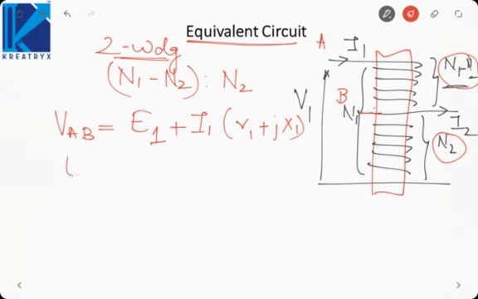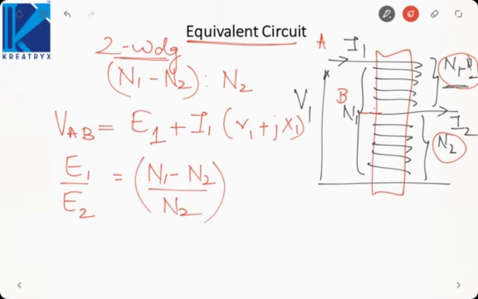Now we know the induced EMF will be in the ratio of N1 minus N2 by N2, because we are analyzing it as a two winding transformer having a turns ratio N1 minus N2 is to N2. We are not considering the conduction.